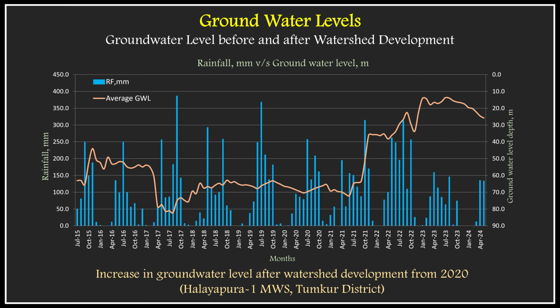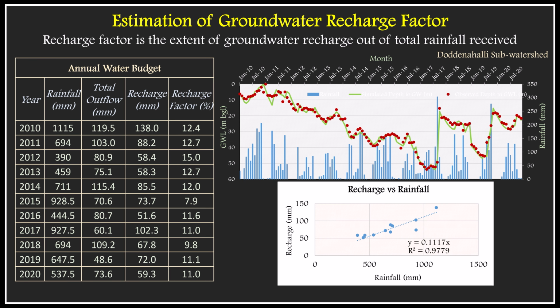The graph depicts before and after implementation of watershed program in Tumkur district. If you look at the graph, the average groundwater levels have increased from October 2021 to April 2024.